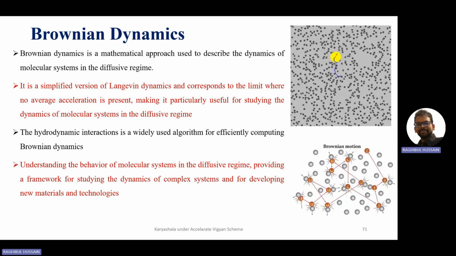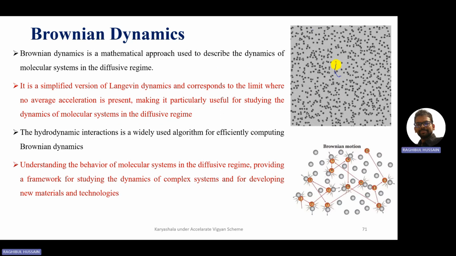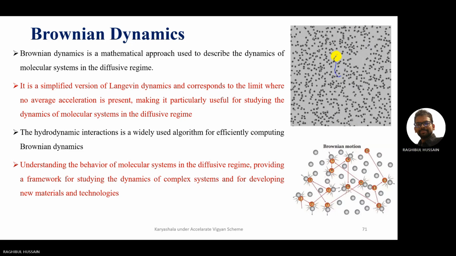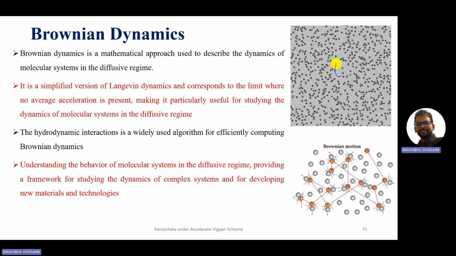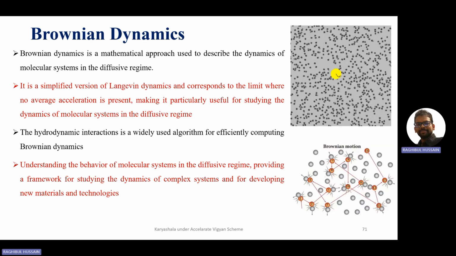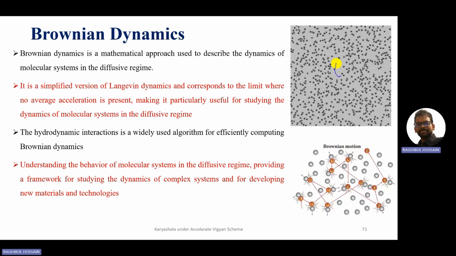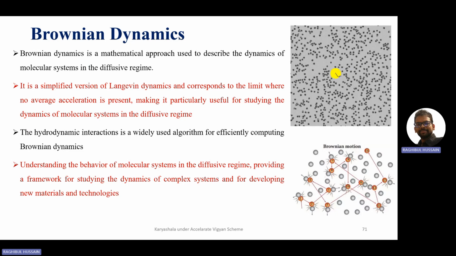Then, an example is the Brownian dynamics. We all know what Brownian motion is from our school level study. That is a mathematical approach used to describe the dynamics of molecular systems in the diffusive regime.